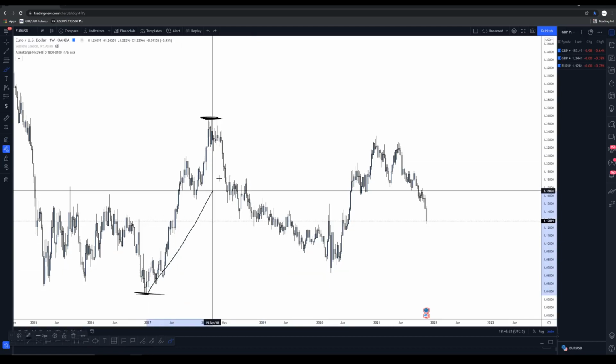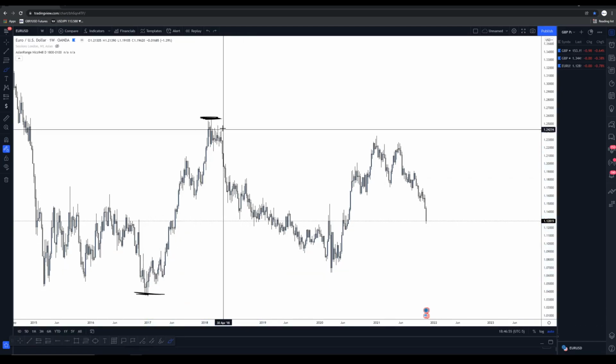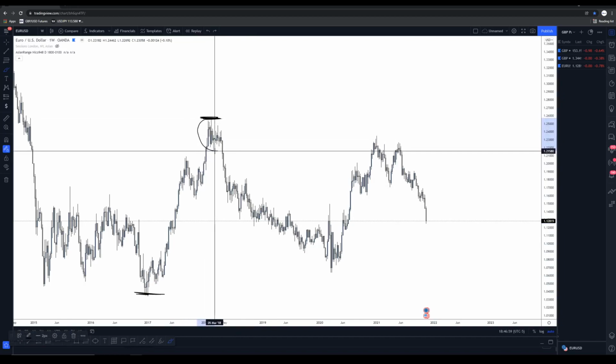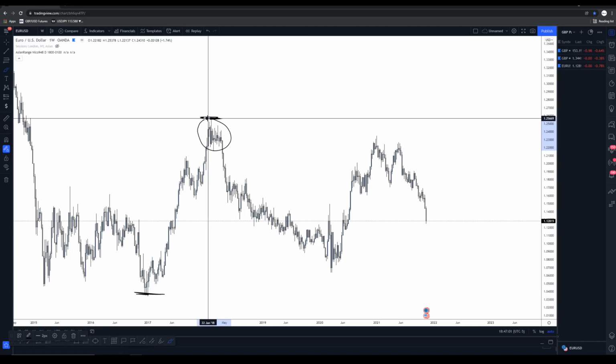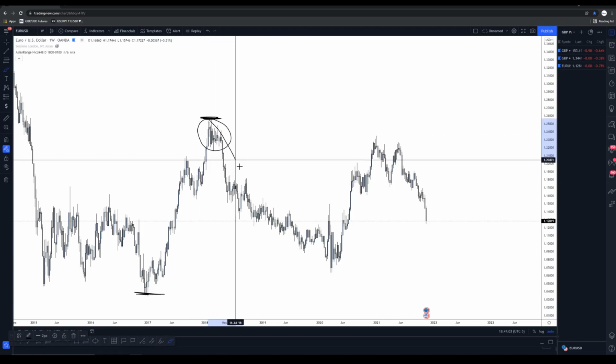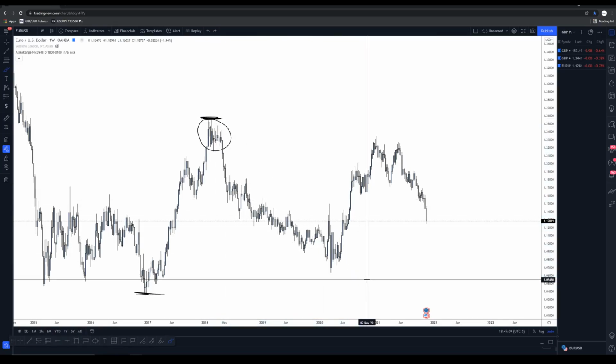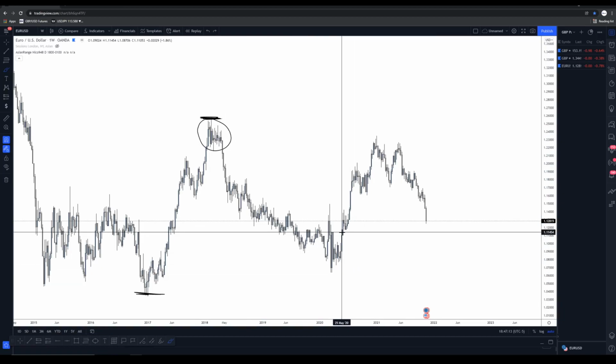So that means that the market is bullish. Now, it reaches this point right over here, and at this point, the market finally reaches its climax, aka its consolidation, and it decides to start selling off. And this is where supply exceeds demand, meaning that supply is greater than demand, and there are more sellers looking to sell the currency rather than buy it.